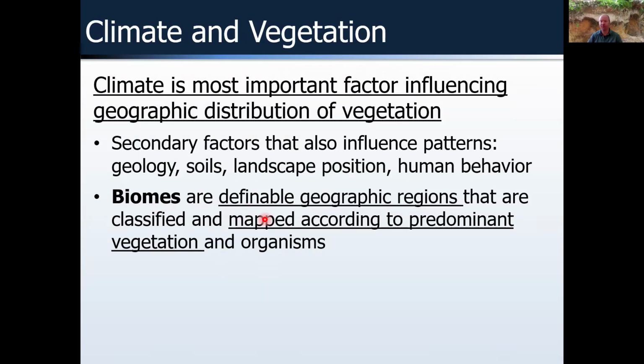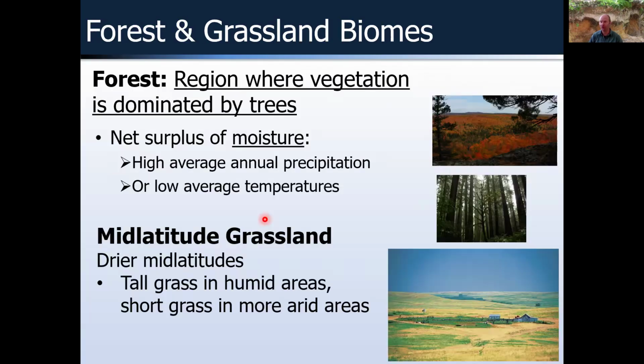Basically, you have these definable groups of organisms, and we're going to subdivide them into major biome types here, kind of like climates. While in the lecture, we explored in much greater detail subdivisions within these major biomes. Here for the exam, I'd like you to just be able to compare among major biome types of the world.